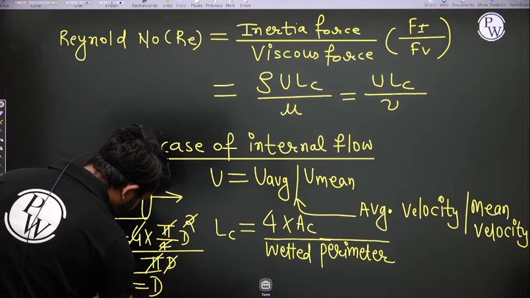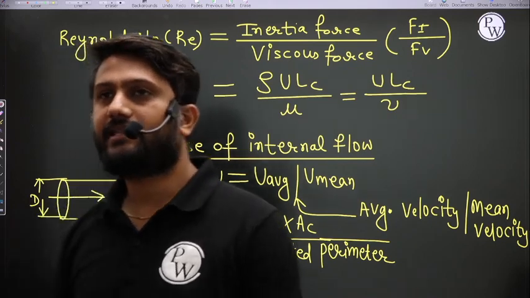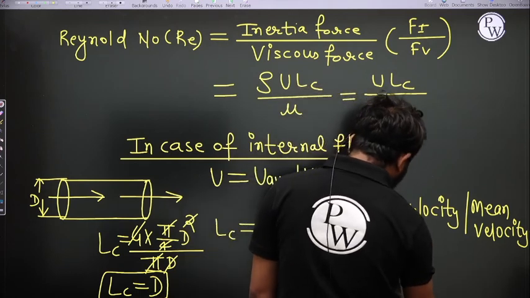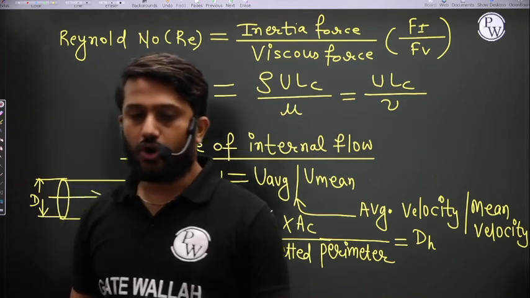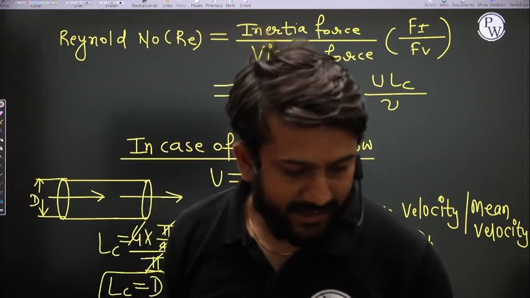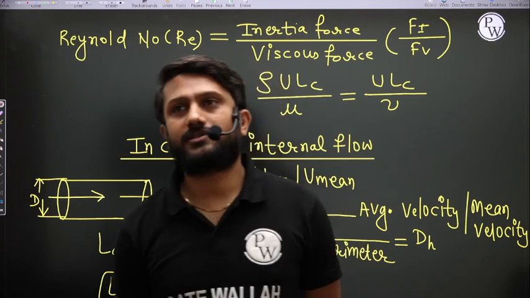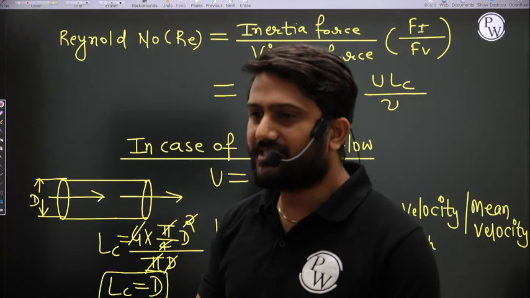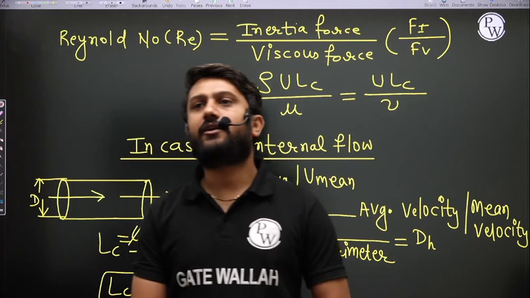So in case of the pipe flow, Lc is equal to capital D. And sometimes this Lc is also known as the Dh, hydraulic diameter. If you are dealing with a non-circular cross section member, like a duct, generally a duct is non-circular, though a duct can be circular also, then find out the Dh.